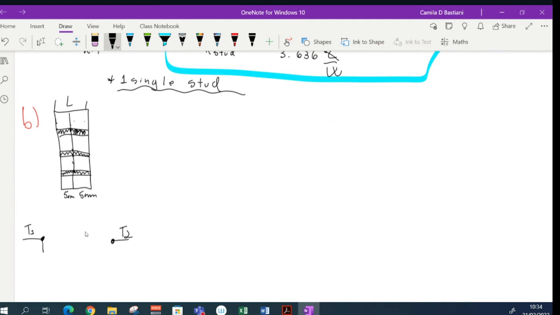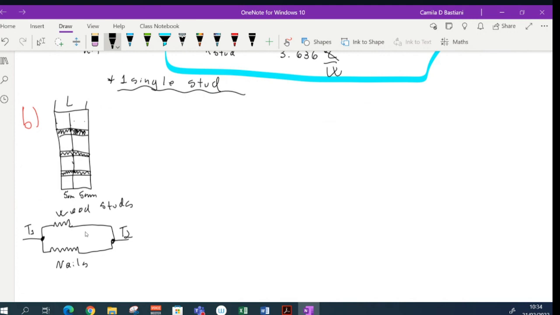So I have my resistance of my nails, and I have my resistance of my wood, the wood studs. So here I have a parallel resistance type of problem, okay?